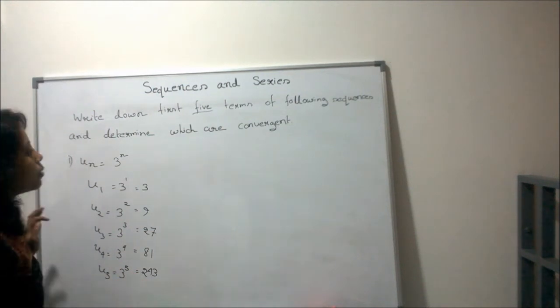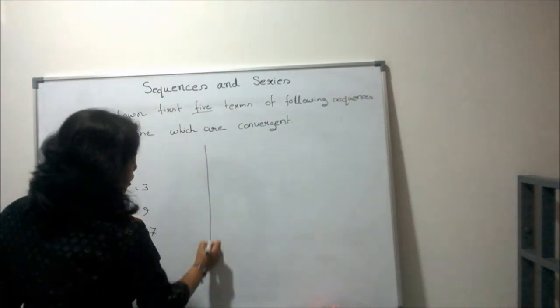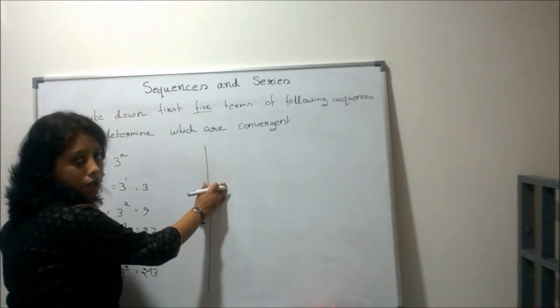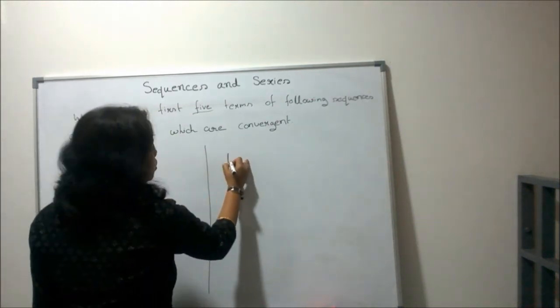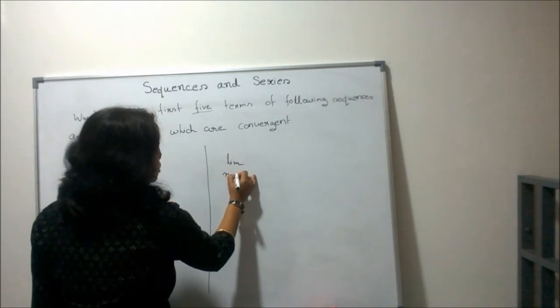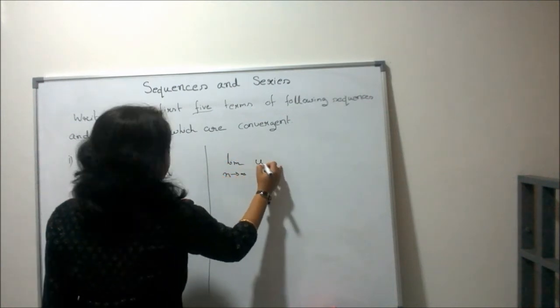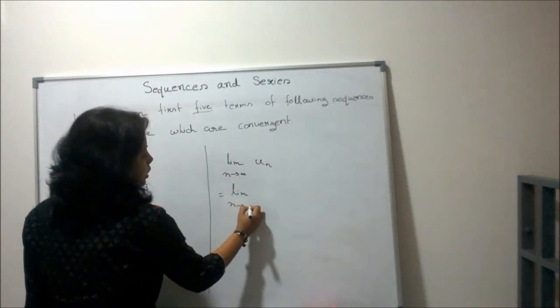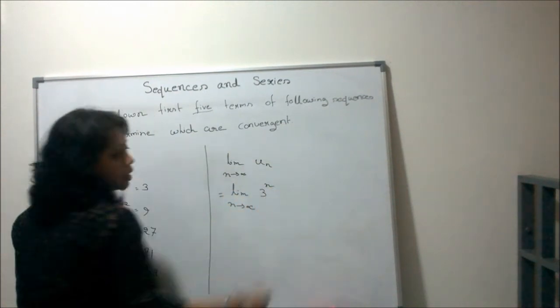Okay, now we have to consider whether it is convergent or not. To find the convergence, we will take limit n tends to infinity of un. So here limit n tends to infinity 3 to the power n.